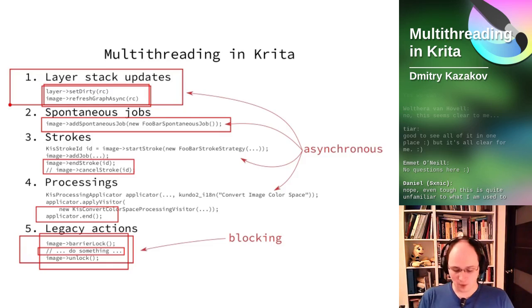All the queues are placed in a class called KisUpdateScheduler, and it has two queues: KisSimpleUpdateQueue, which is about these two types of jobs, and the second queue, KisStrokesQueue, which is about strokes. But I would like to talk about the updates queue.